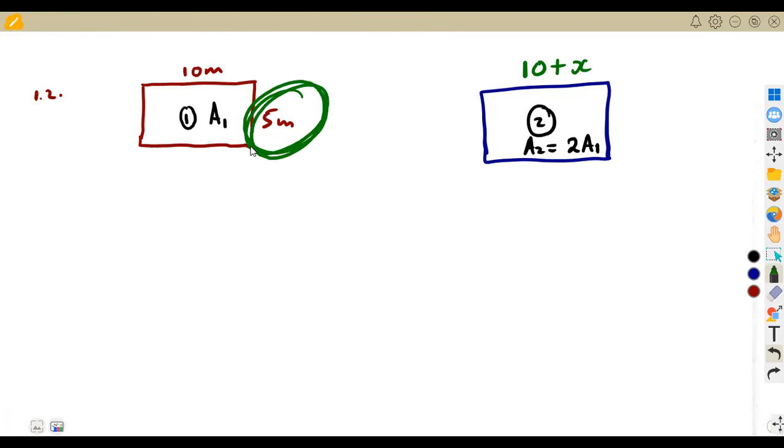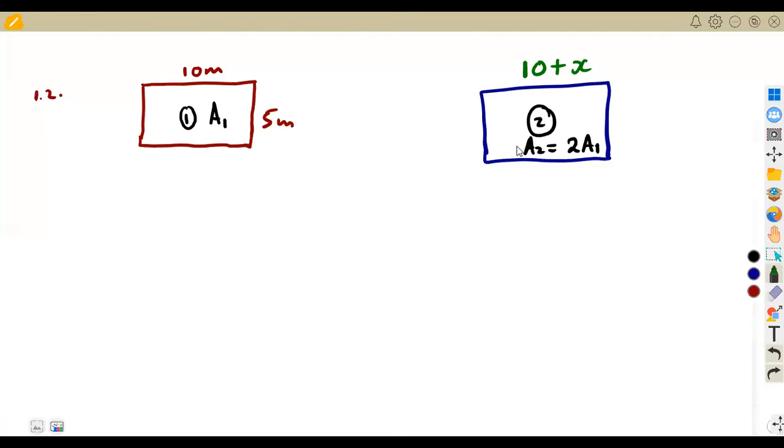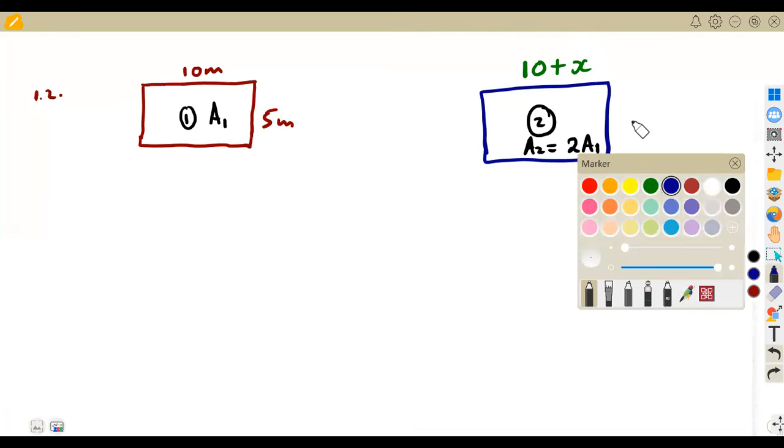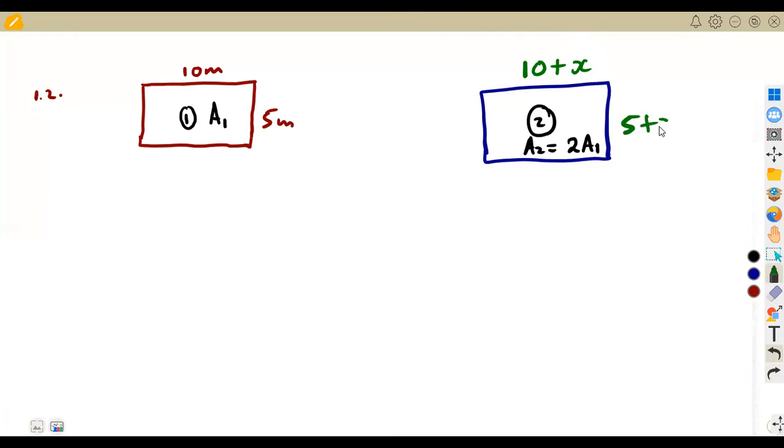The width is also increased by the same length, x. So on the width we are going to have plus x, so this is going to be 5 plus x.